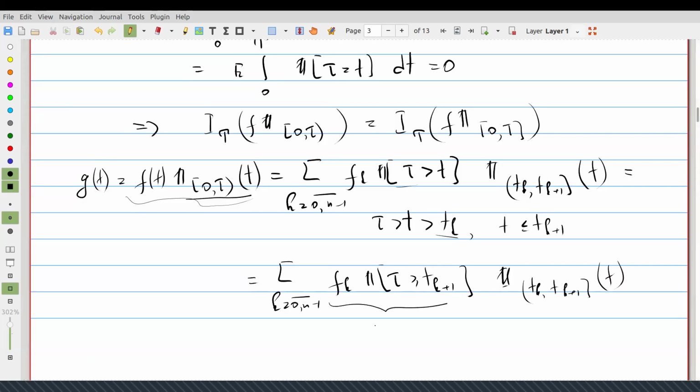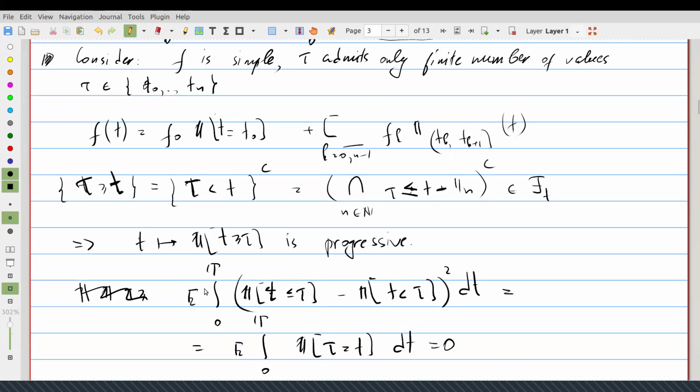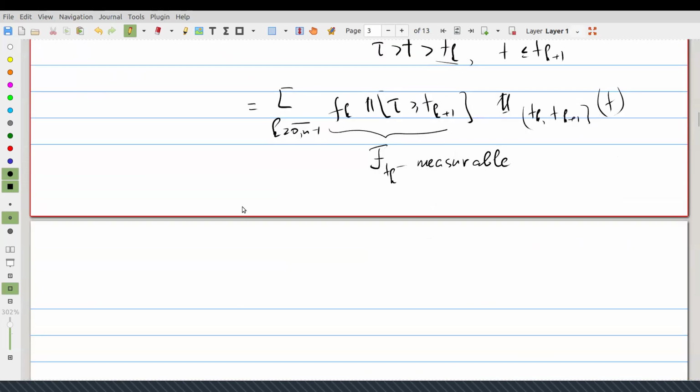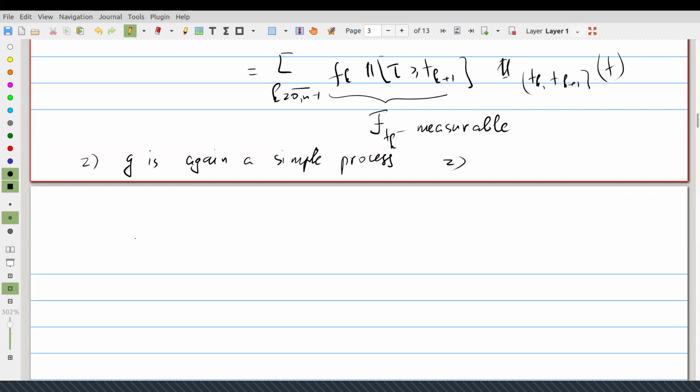And this is F_t_k measurable. Why? Because we have already seen something like this. And that means that g is again a simple process, which means that this object is well defined.